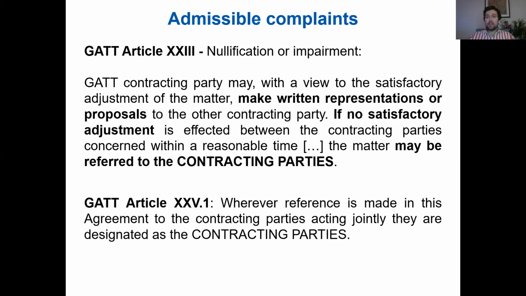So whenever we say that the matter will be referred to the contracting parties, it means that if the two GATT contracting parties are unable to resolve their dispute, then this dispute can be referred for the final resolution to all WTO members acting jointly, to all contracting parties.